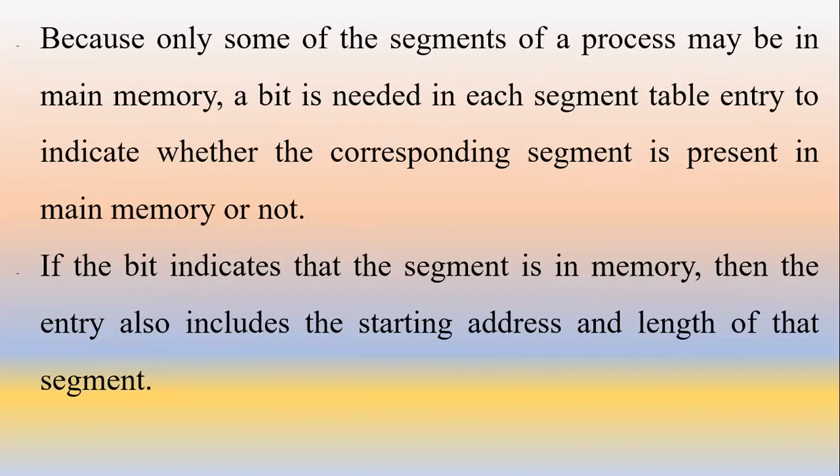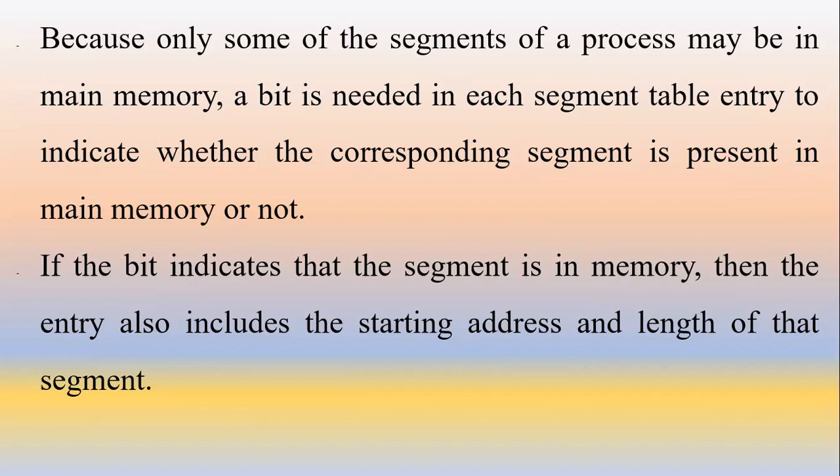Because only some of the segments of a process may be in main memory, a bit is needed in each segment table entry to indicate whether the corresponding segment is present in main memory or not.